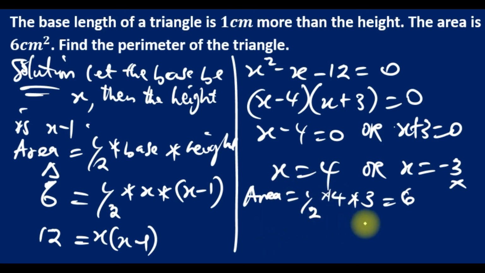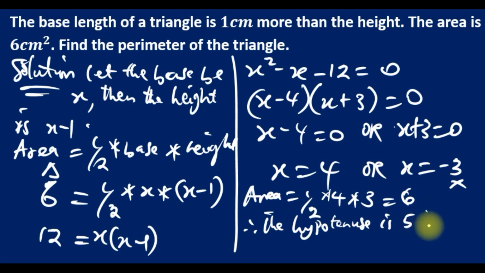If you substitute the values of base and height, it gave us 6, so it must be a right angle triangle. Therefore the hypotenuse is 5 by the Pythagorean theorem.